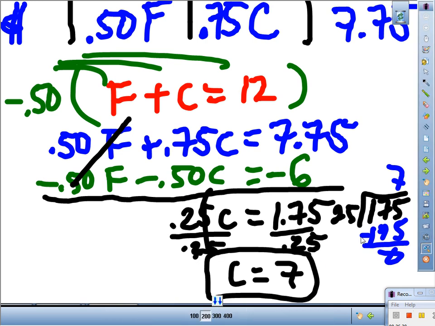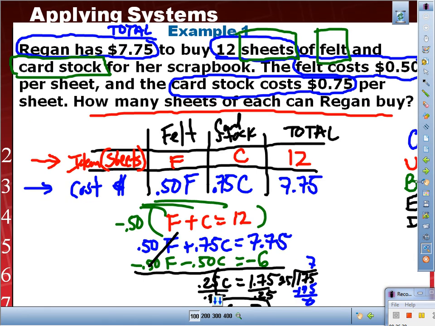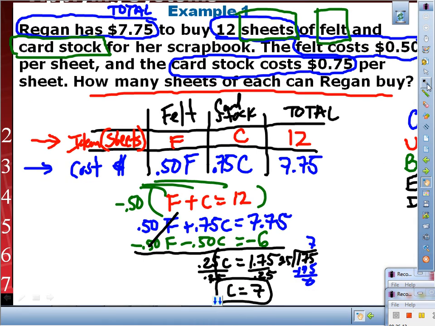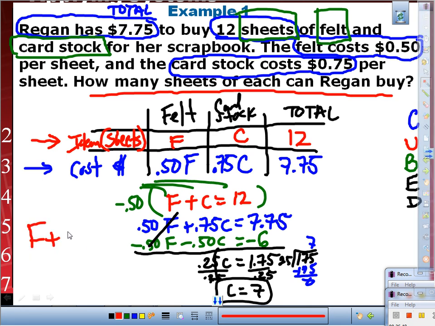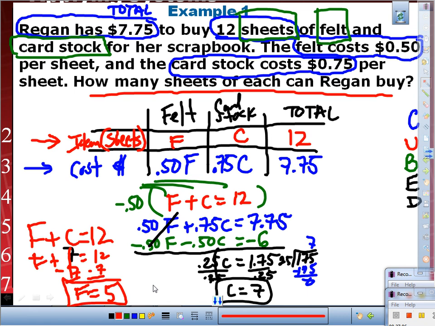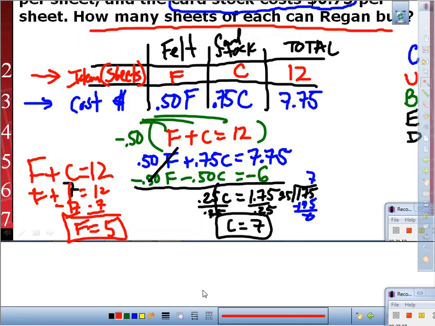So what does that mean, everyone? How many cardstock? 7. And what do we need to write to figure out the other one? F plus C equals 12, but instead of C, we write 7. So we have F plus 7 equals 12, minus 7 minus 7, F equals 5. All right?